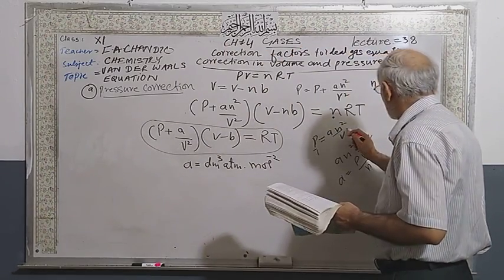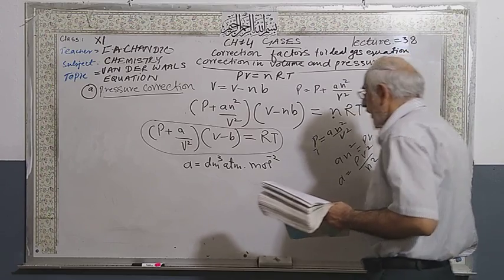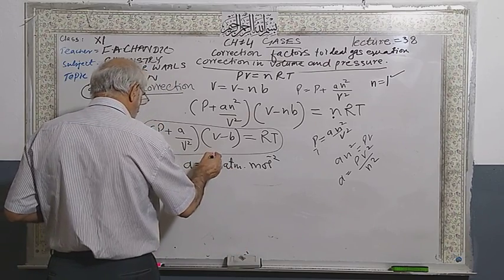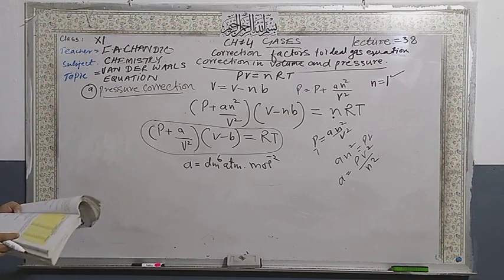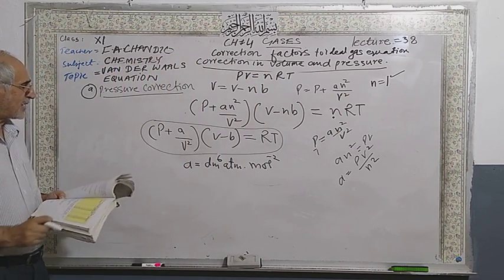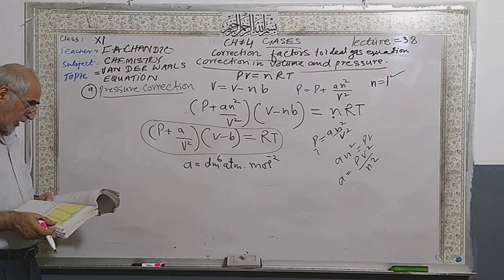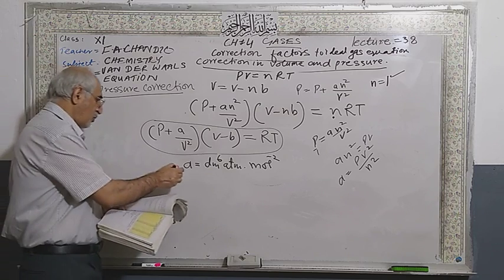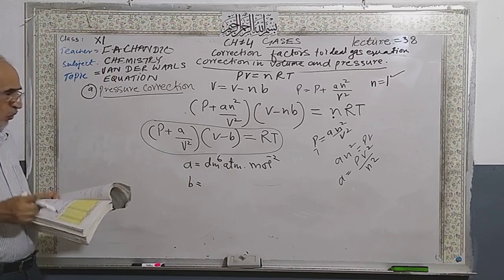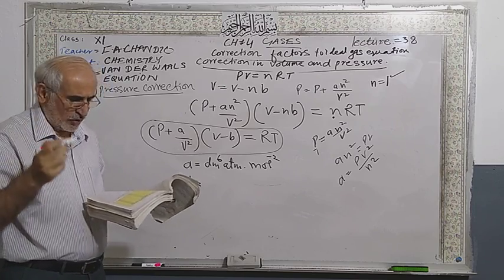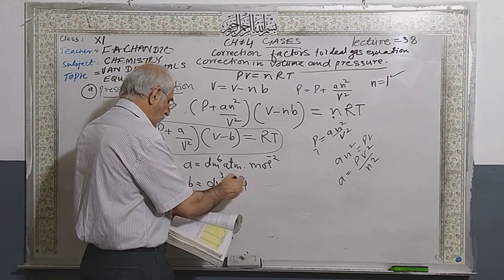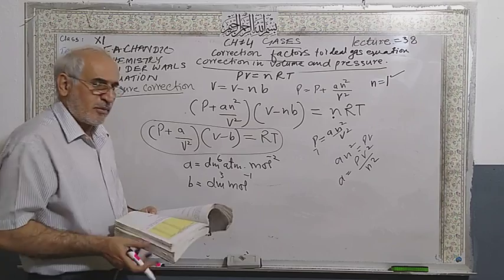If you see the equation, they are the V square, so decimeter 6 atmosphere per mole square is the unit of a. b is the individual volume of the gas in 1 mole, so its unit will be decimeter cube per mole.